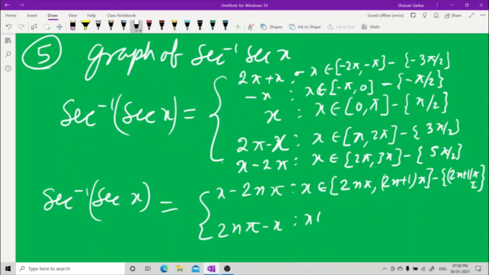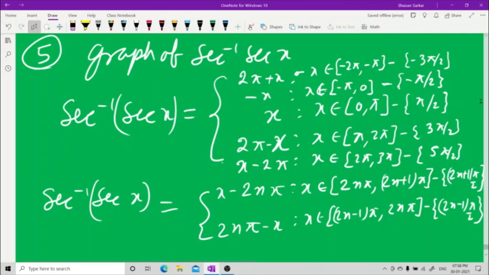And this will be x belongs to 2n minus 1 pi, comma 2n pi, from where 2n minus 1 pi by 2 would be removed. This is the same, nothing more. And the graph of this will be same as that of cos x, cos inverse cos x.